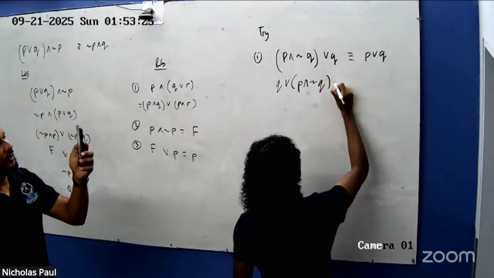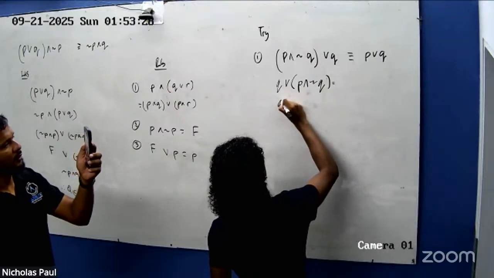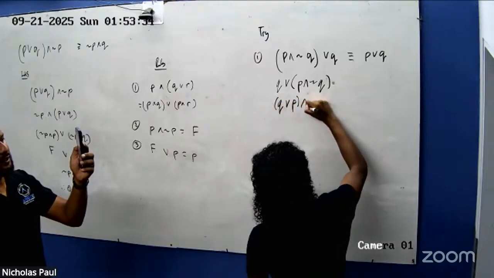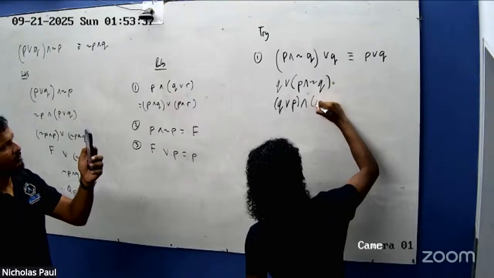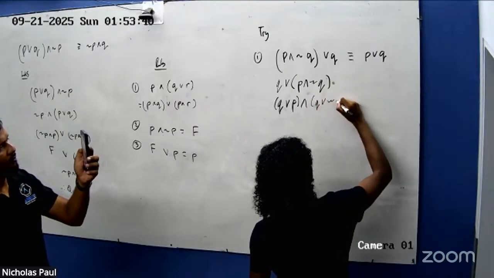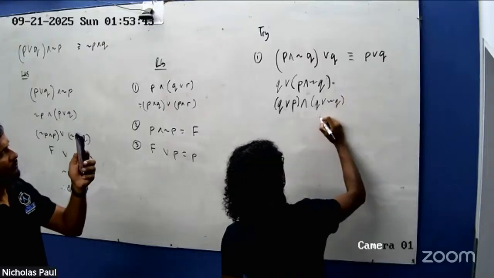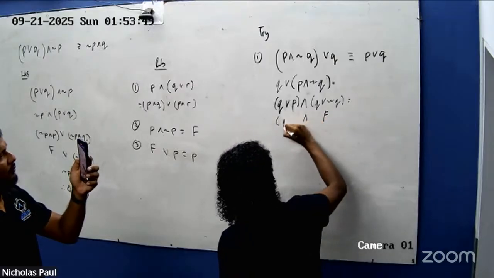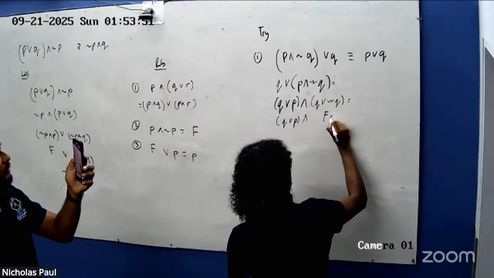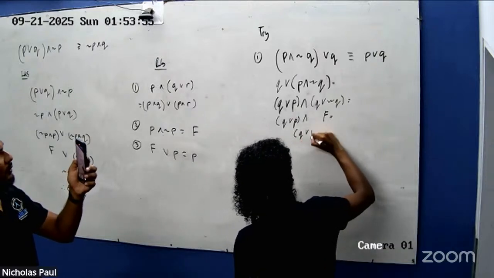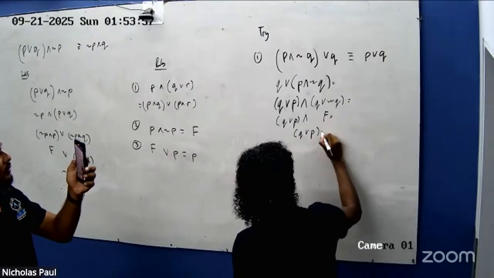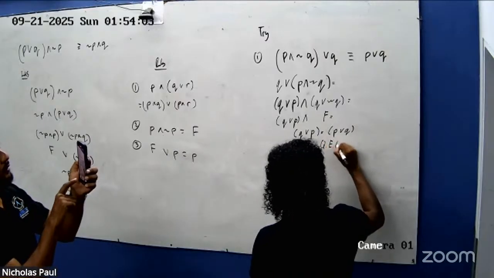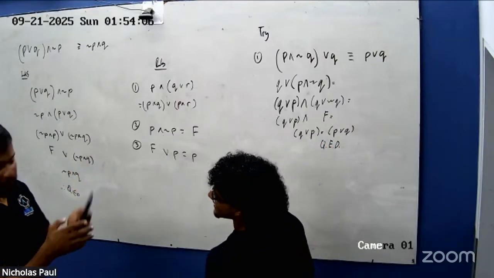All right, so you've proven that quick. Which law did he use first? Distributive, right? False. Right, yeah, that can work.